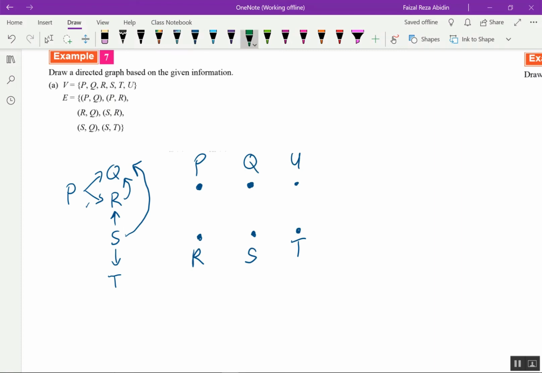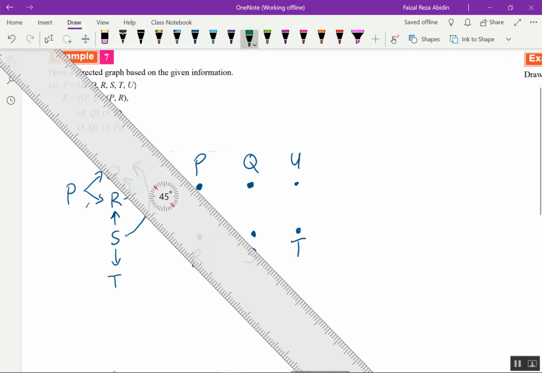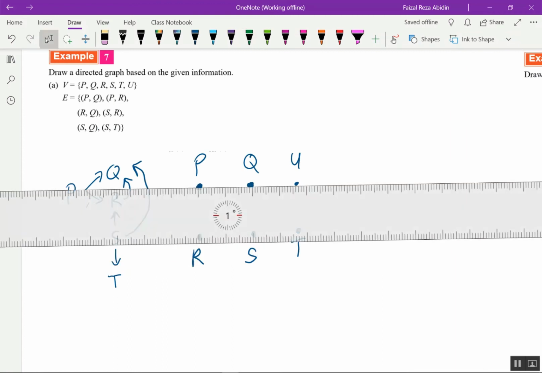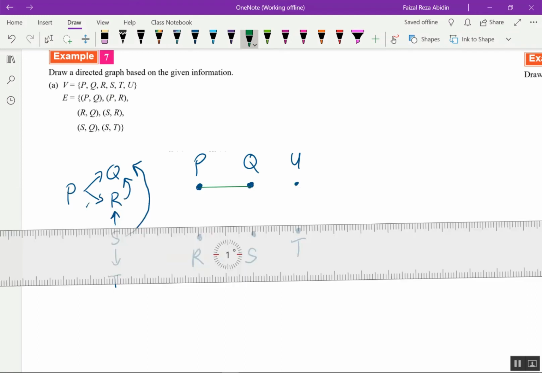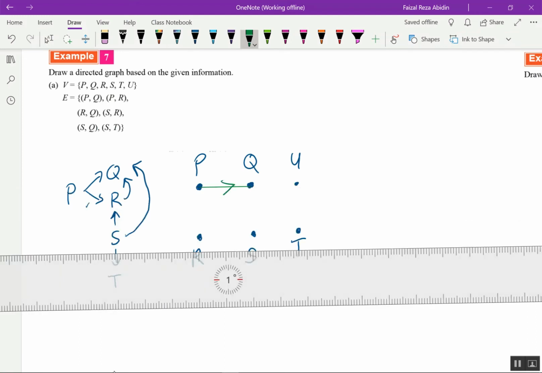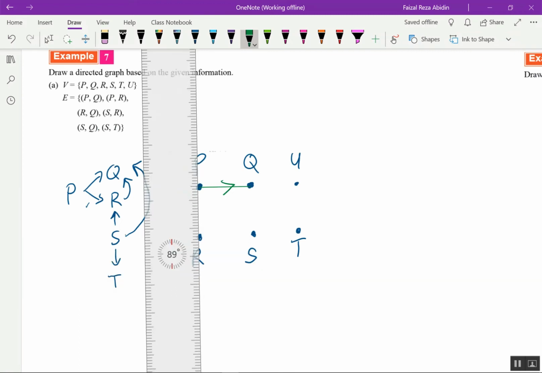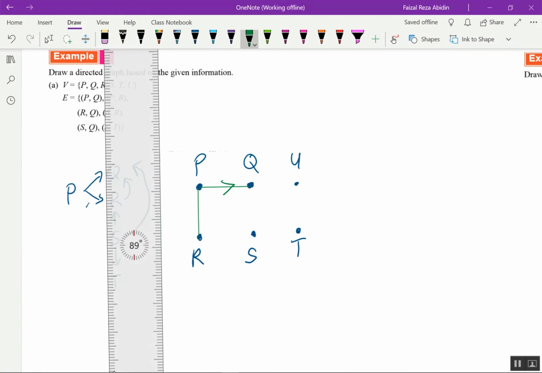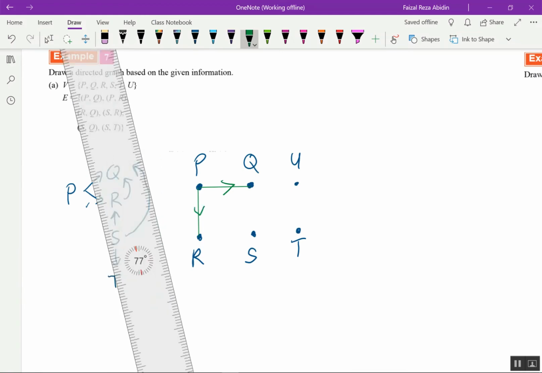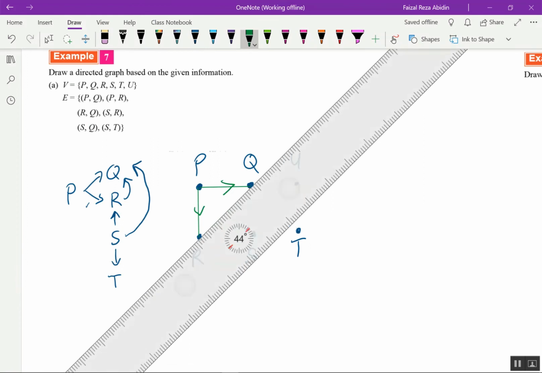So when I want to draw, P connected to Q first. So the edges given over here, PQ. Am I right? Then PR. So we just draw our arrow P to R. And then RQ, we have over here RQ.